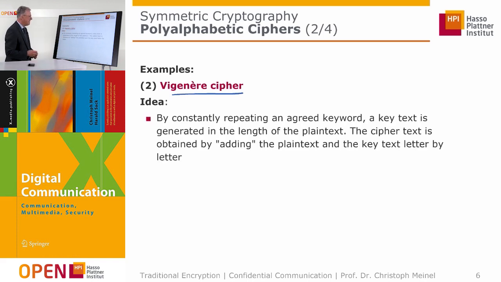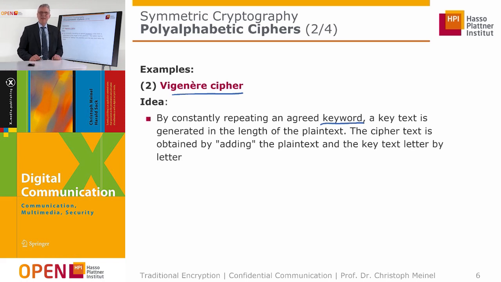And here the idea is, by constantly repeating an agreed keyword, a key text is generated in the length of the plain text. So we take a keyword, and then we repeat and repeat this keyword as long as the length of our plain text.